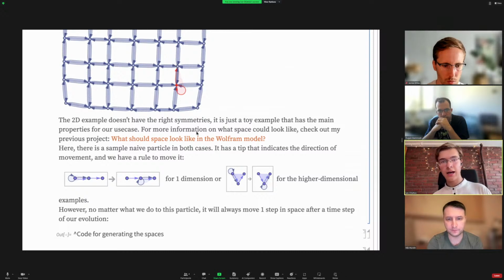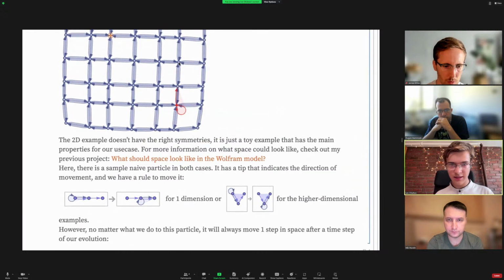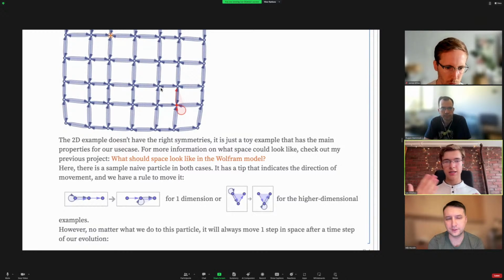They allow the particle to understand that this is a straight line, as opposed to this. But it's really more of a technical detail of an implementation, and for the conceptual understanding, it doesn't matter that much.